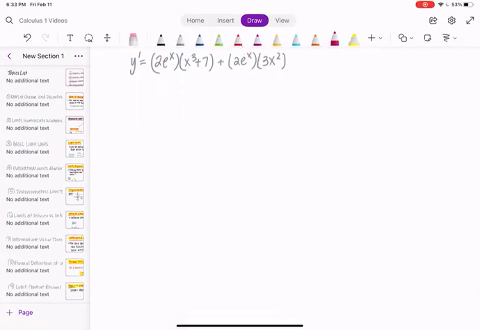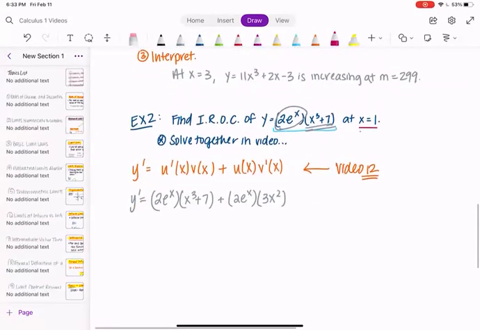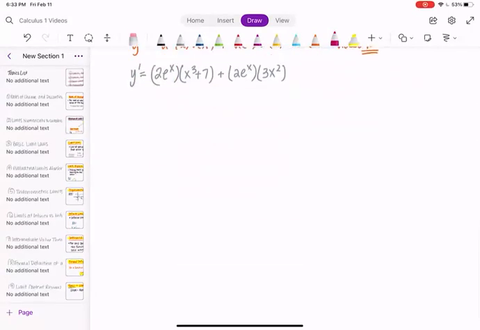But now remember, we have to plug in our x equals 1. So y prime of 1, which means I'm evaluating y prime at x equals 1. We're going to have 2e to the 1 times 1 cubed is 1 plus 7, plus again 2e to the 1 times 3x squared, 1 squared is 1, 3 times 1 is 3.